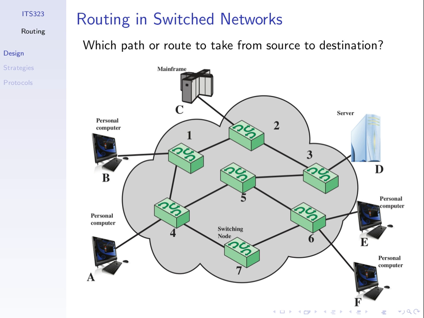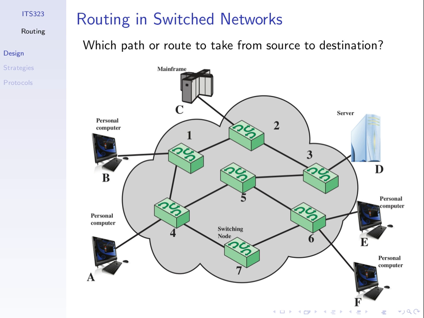Okay, someone's chosen 476. Anyone got a better one? 456. So there are multiple paths. Normally in a switch network we have multiple paths from a source to destination. The challenge is choosing a path to take, and we'd like to choose the best path.